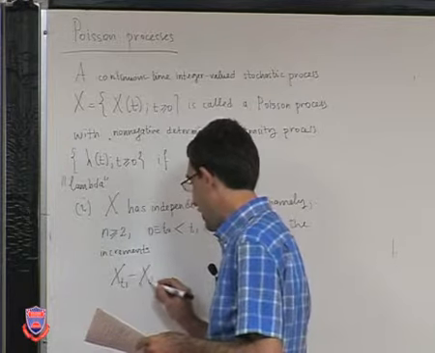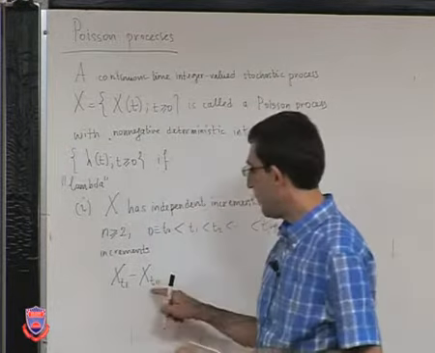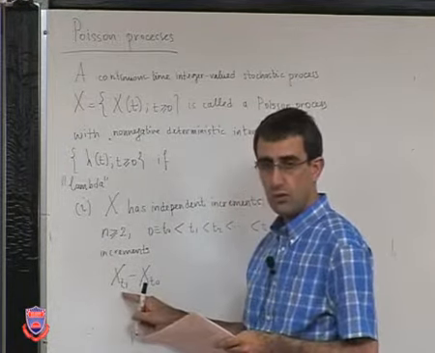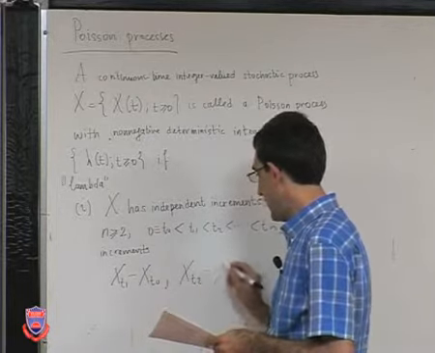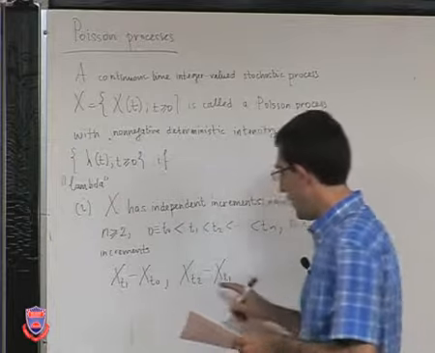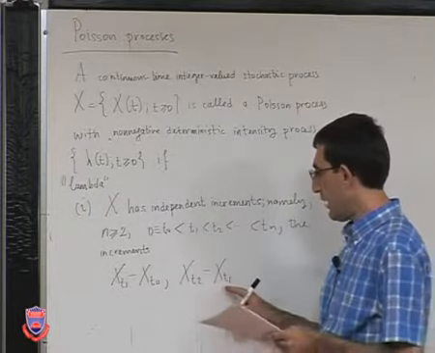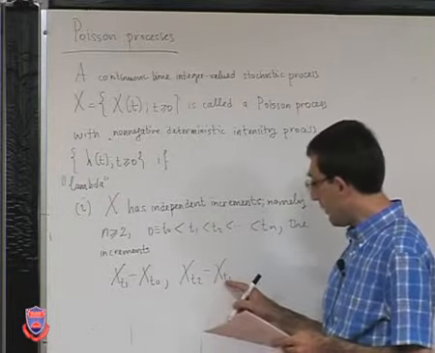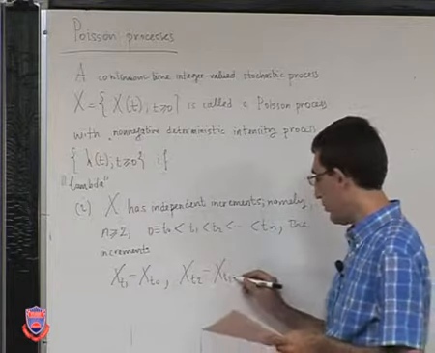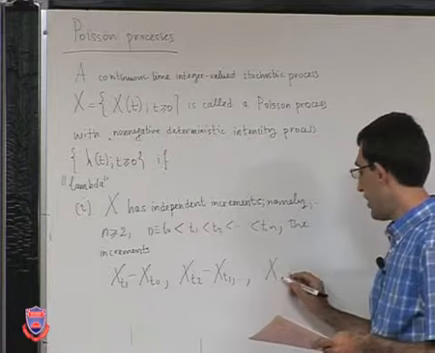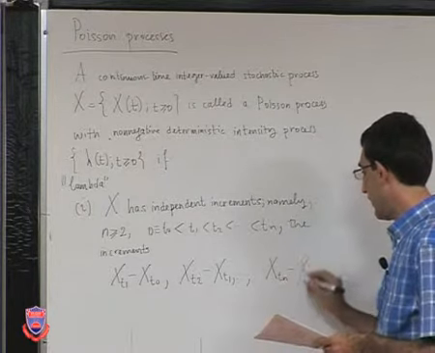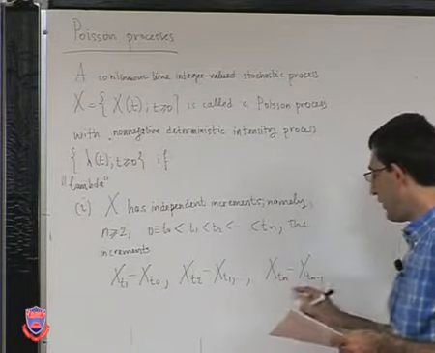So this is the change in the process from time 0 to time t1, right? And this is the change in the value of the process from time t1 to t2. You go like this. And finally the change in the process from time t_{n-1} to time t_n.